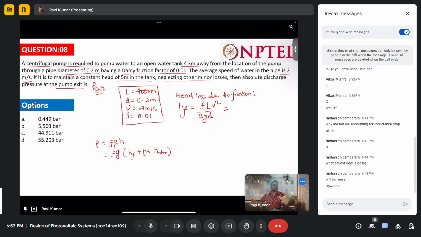So you need to connect all the heads. One more thing is given, constant head H equals 5 meter. So everything required is here. You just need to solve this.